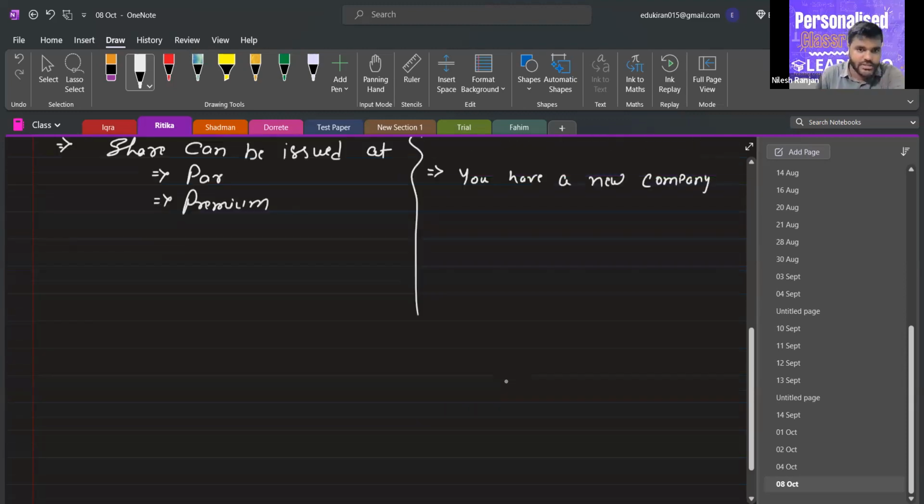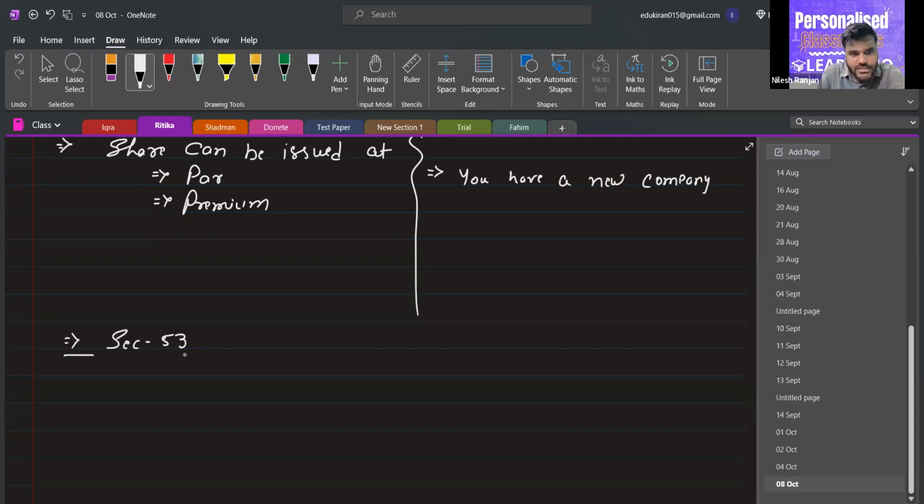Now, there is section 53, which says that a company cannot issue its shares at discount.